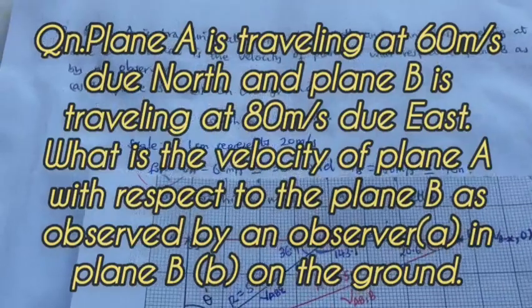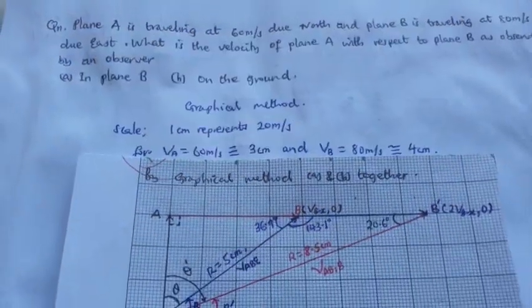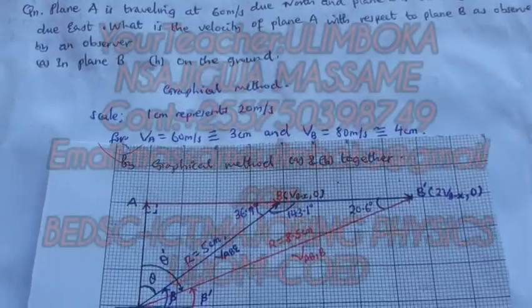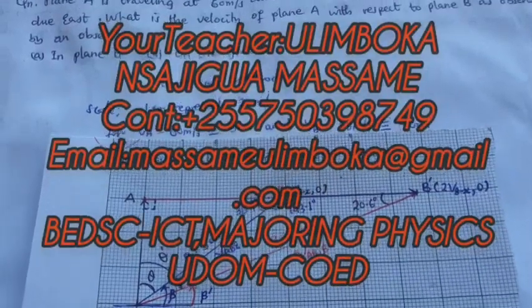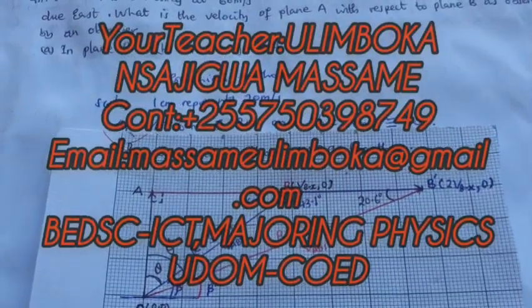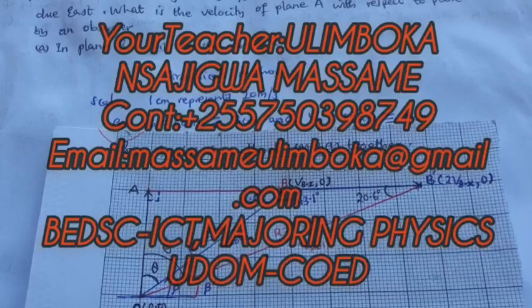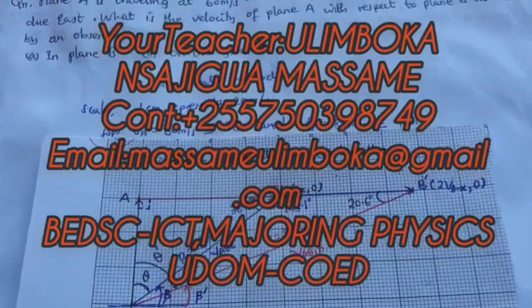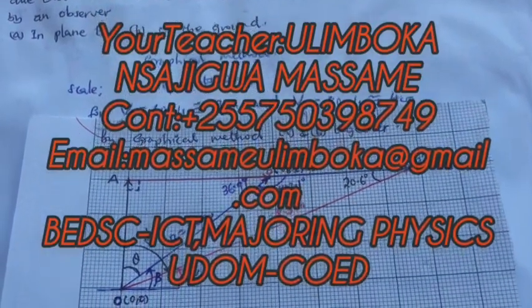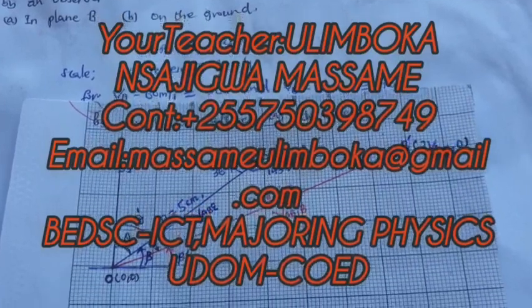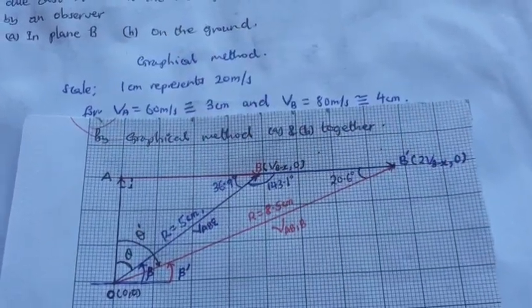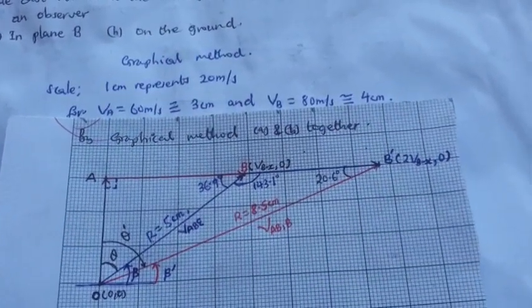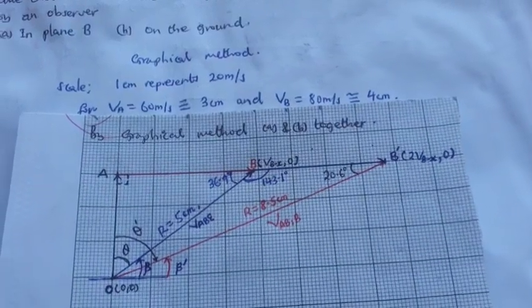Let us begin with the observer on the ground. The first method we use here is the graphical method, and we choose a scale where 1 centimeter on the graph represents 20 meters per second. Velocity VA will be equal to 3 centimeters and velocity VB equal to 4 centimeters.